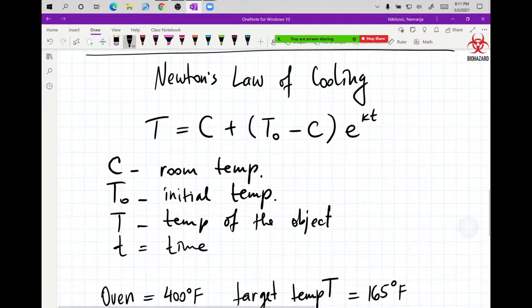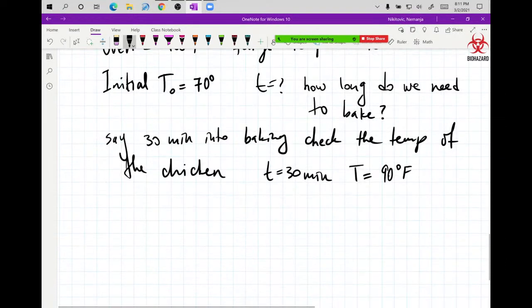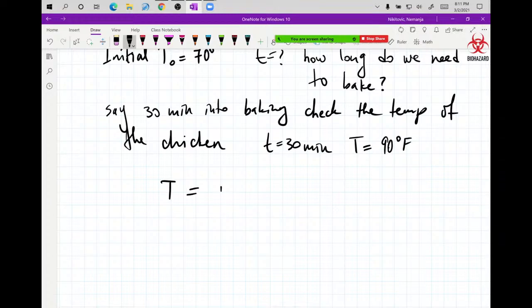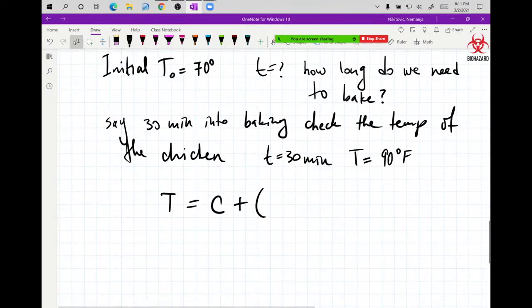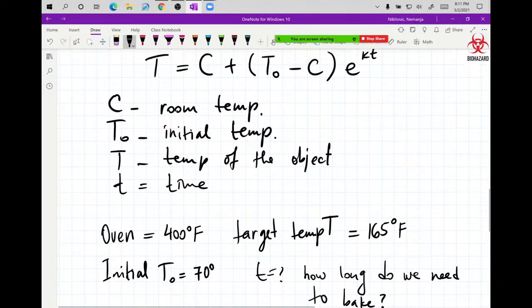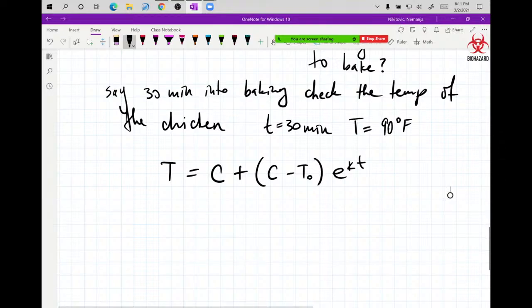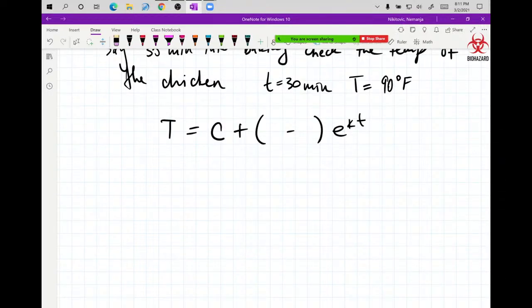We have our equation: temperature is equal to room temperature plus the difference between the initial temperature and the room temperature, times e to the kt. That's actually T0 minus the room temperature. I said it correctly and wrote it backwards. I don't know why.